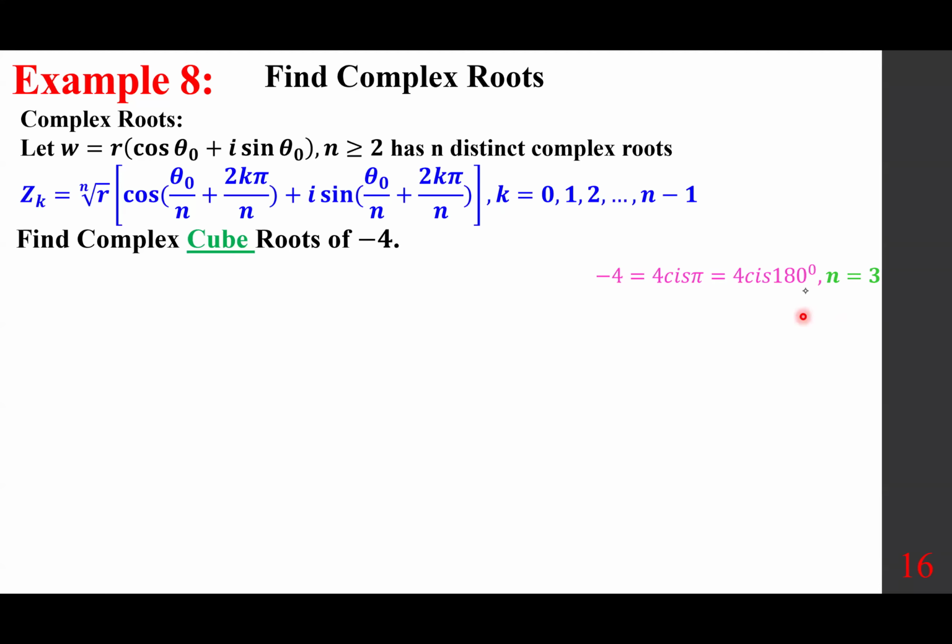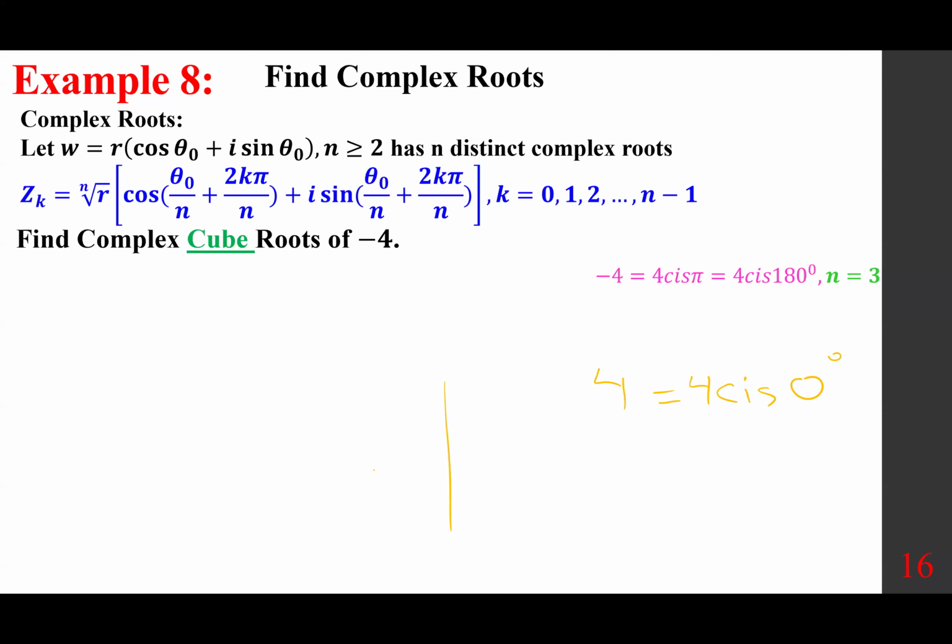And n is 3 because it says cube root, everybody. Why is this 4 cis pi? I want you to know that if it was positive 4, it would be 4 cis 0 degrees.